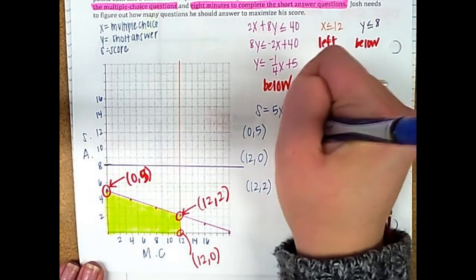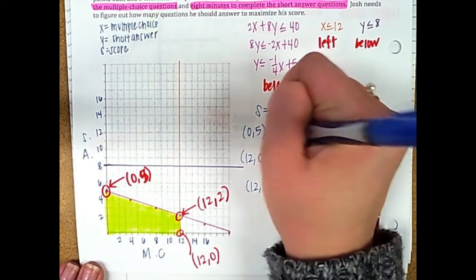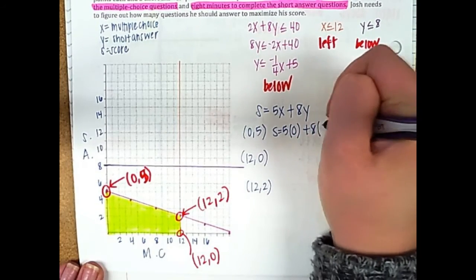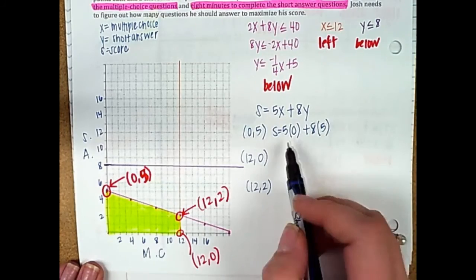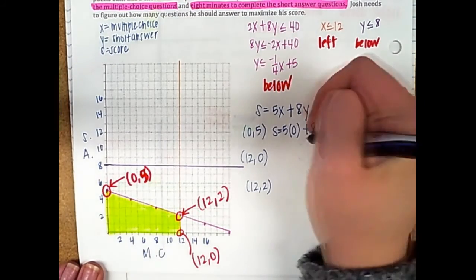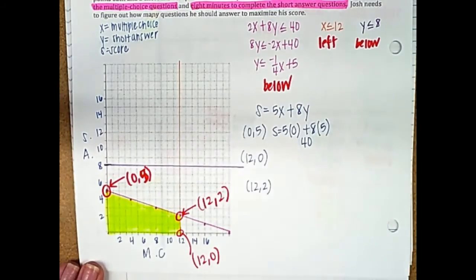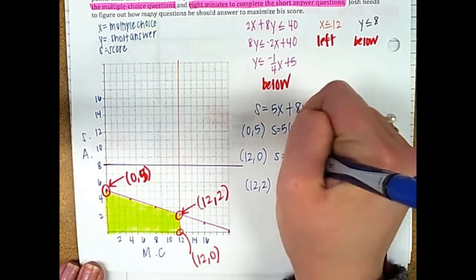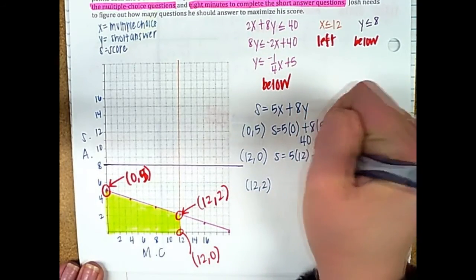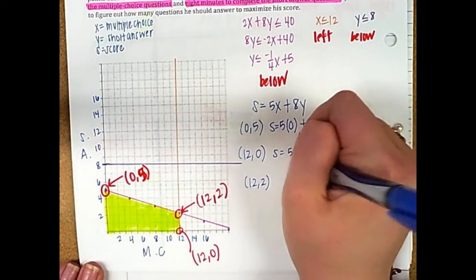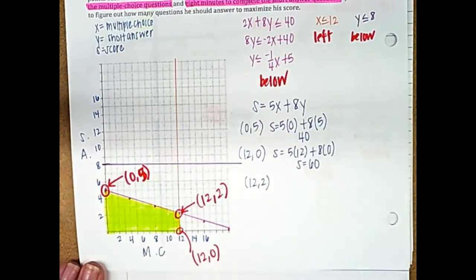So I'm going to use all of my corner points, 0, 5, 12, 0, and 12, 2, to find his maximum score. The score is equal to, we just plug it in, 5 times 0 plus 8 times 5, so 0 plus 40, which gives 40. Then 5 times 12 plus 8 times 0 gives a score of 60.